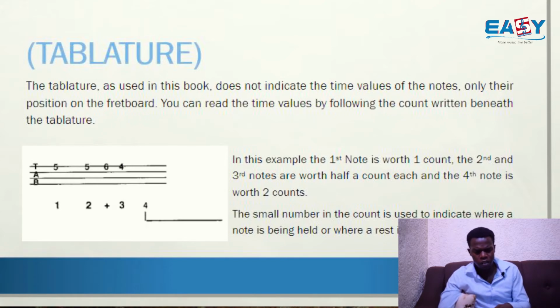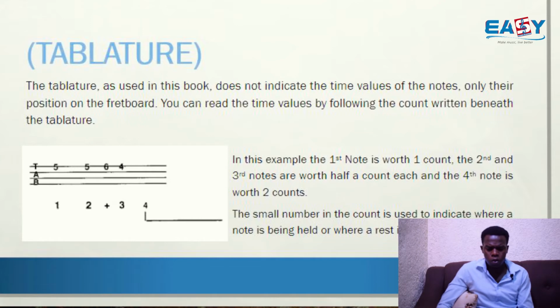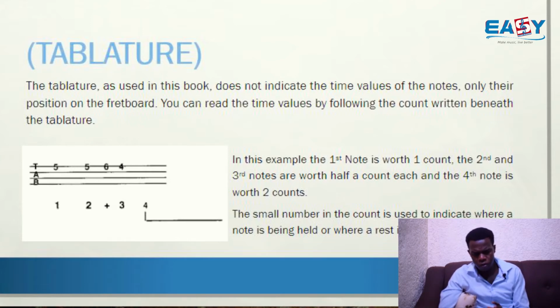We indicate this by writing this number smaller than the other numbers, to mean that from there we will give it a rest or hold a note. So this was indicating that the fourth fret on the first string will be held for 2 counts.